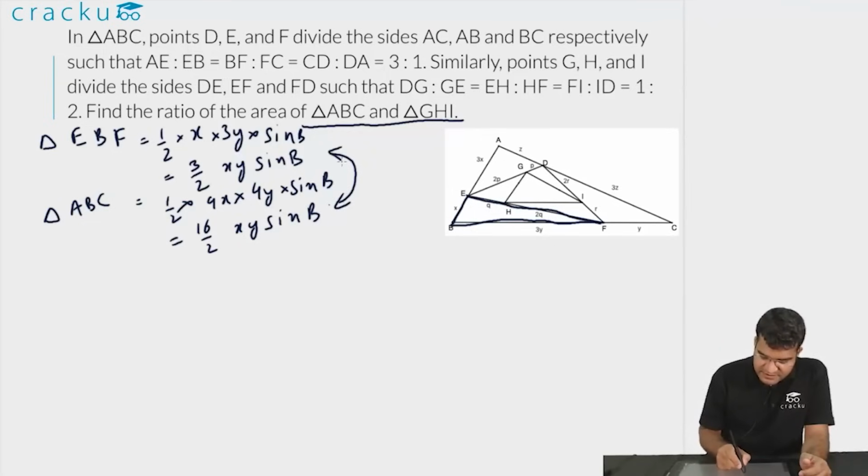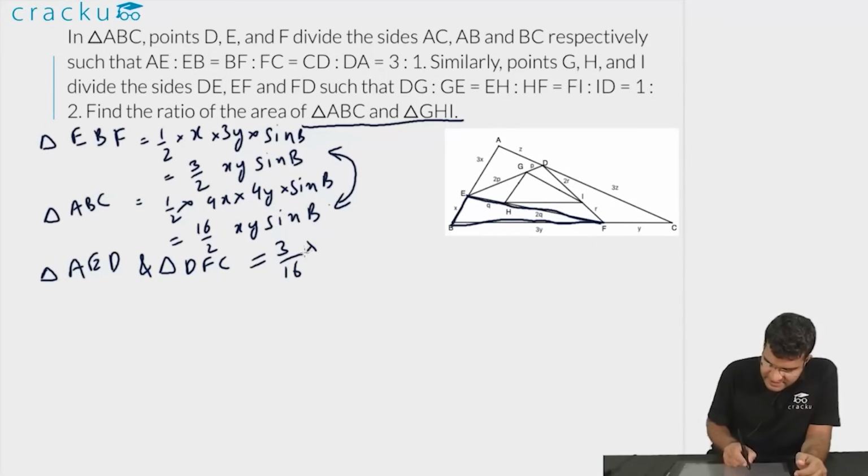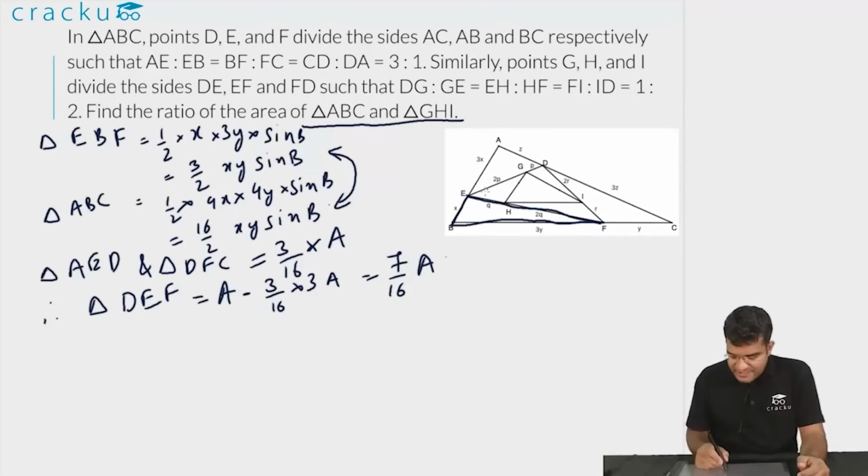Similarly, you can calculate the area of the other triangles, that is triangle AED and triangle DFC. Both of them will also be equal to 3/16 into the bigger triangle's area, let us assume that is A. So the total area of the three triangles outside is equal to 9/16A. Therefore, the area of the inner triangle DEF is equal to A minus 3/16 into 3A. This comes to 7/16A.